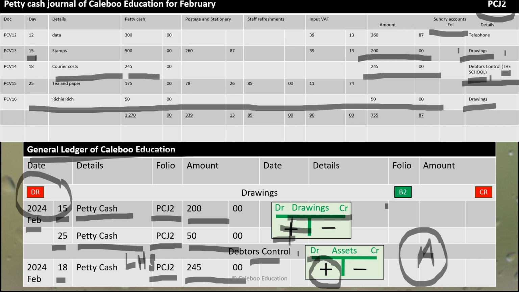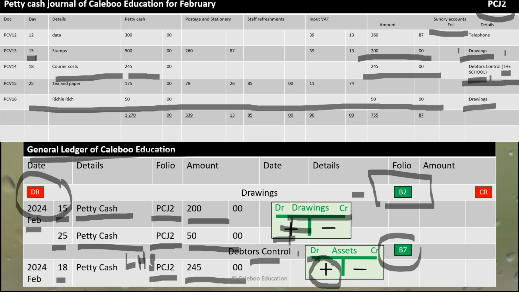And every general ledger account will have a folio. According to our trial balance, drawings is B2, balance sheet account number 2, or statement of financial position account number 2, and debtors control was B7, account number B7.